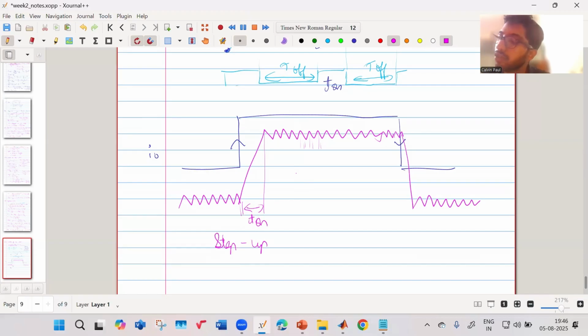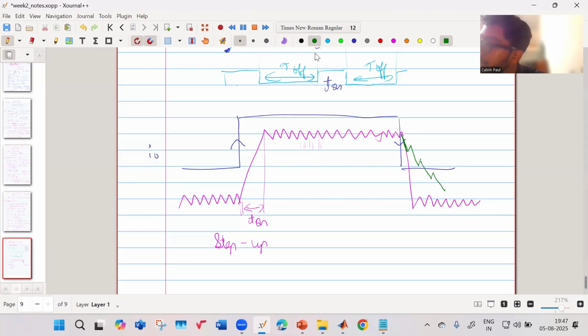But when we go to the step down, I have drawn the desired values like this. But actually, what would happen is it would go like this. There is the fixed off time, then the minimum on time.